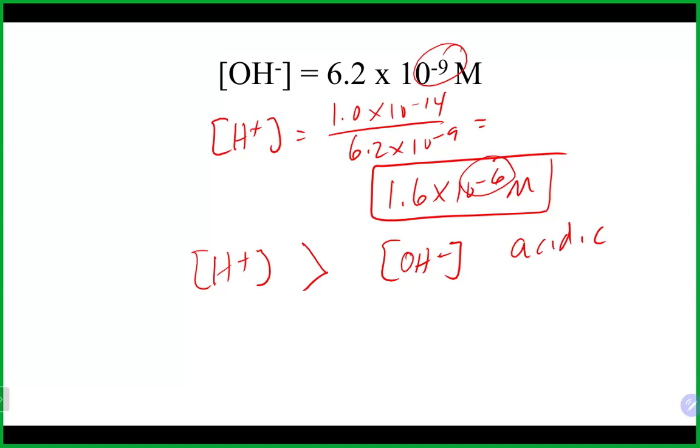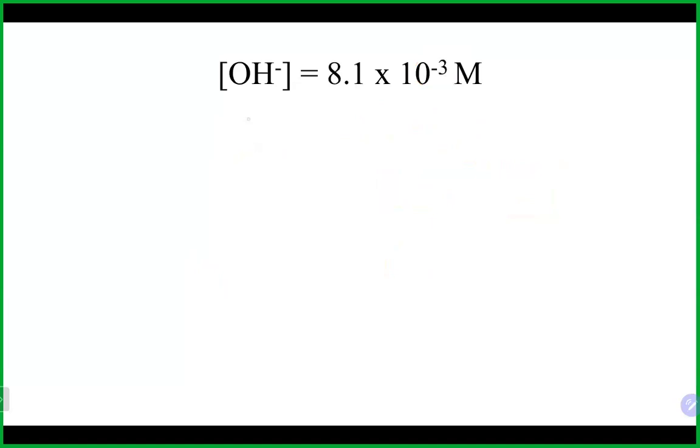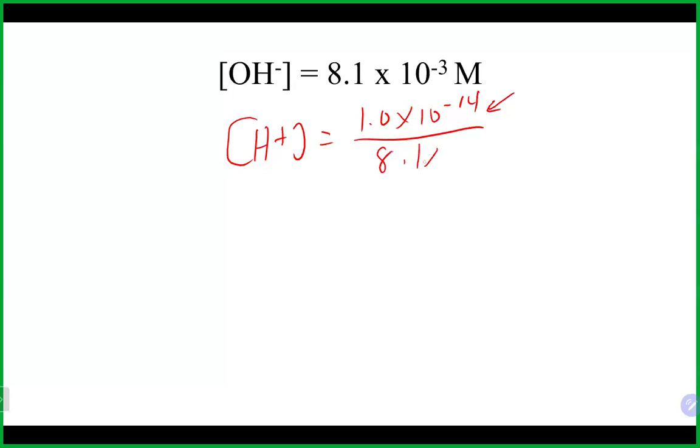And to finish this one out, we'll do pretty much the identical calculation. H plus equals 1 times 10 to the minus 14, which again, you do need to know as a constant value, divided by 8.1 times 10 to the minus 3. That's going to give us 1.2 times 10 to the minus 12 molar.